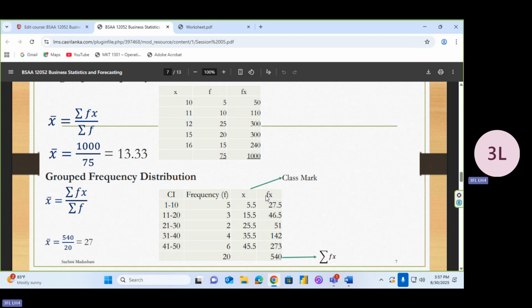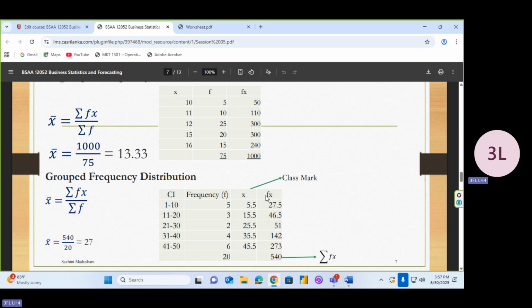An important thing: we calculate the mean value to find the average value, and for that we need a quantitative variable. You cannot calculate the mean of a qualitative type variable. What is the reason? Qualitative type variables cannot be measured numerically; numerical values are not there.